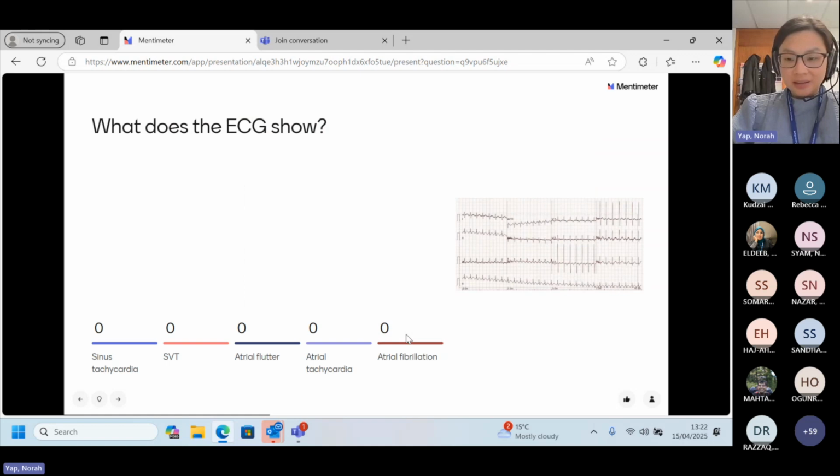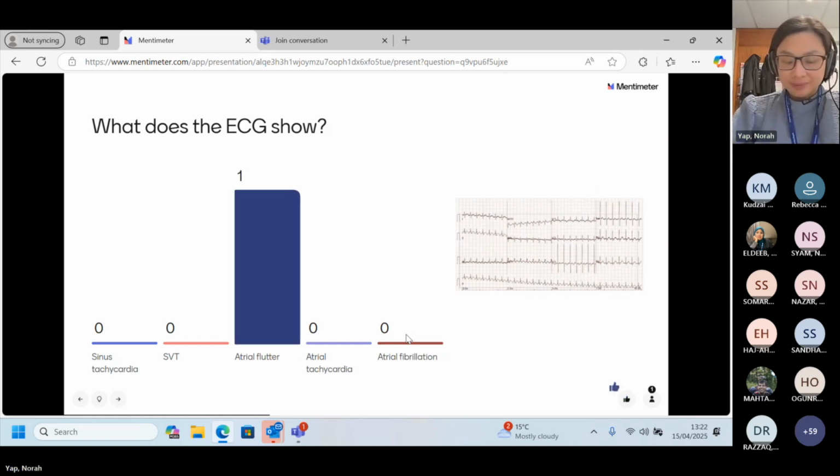What do you think the ECG shows? Just put something, even if you don't know. Don't worry, your name is not going to show up here.